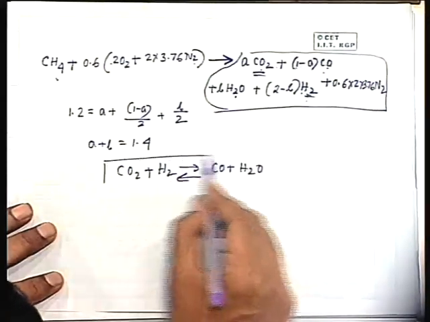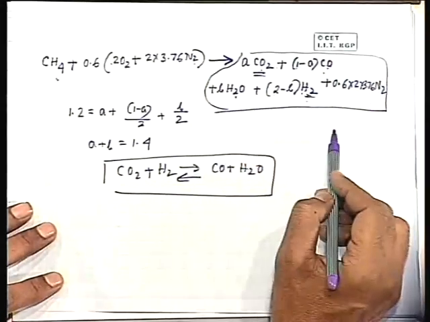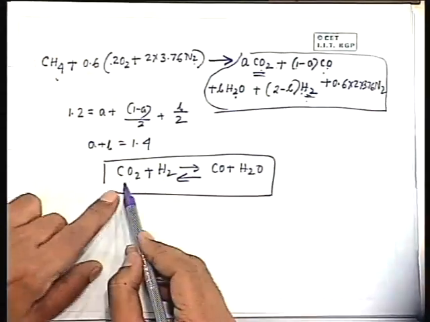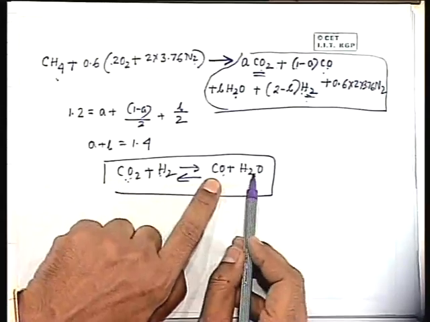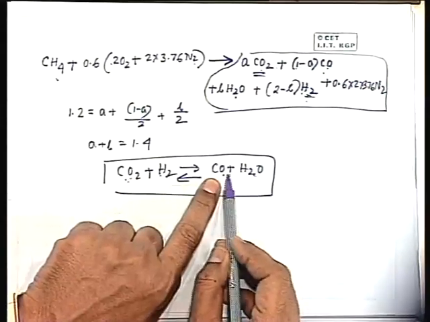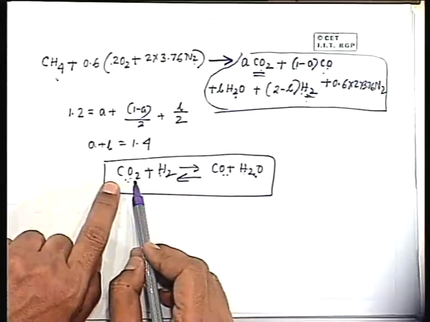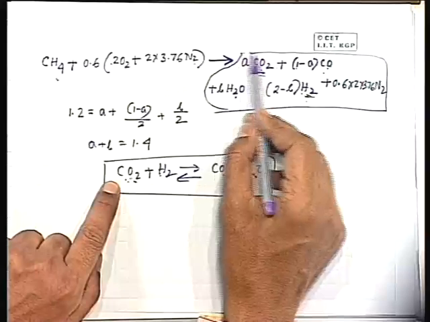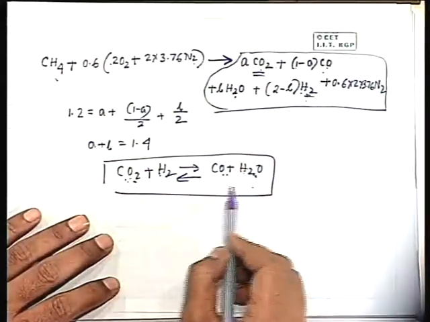That means we only need to understand that among these constituents in the products, they are reactive. And this reaction is possible. CO2 and H2 are reactive with each other to produce CO and H2O. Similarly, CO and H2O have the affinity to react with each other to produce this. When one claims that I get a product with fixed composition, it means that these reactions are in equilibrium.